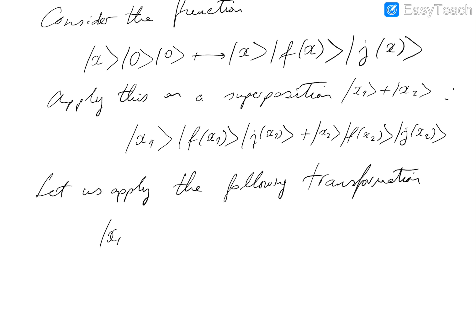It maps ket x1 to x1 plus x2, okay? And it maps x2 to x1 minus x2.